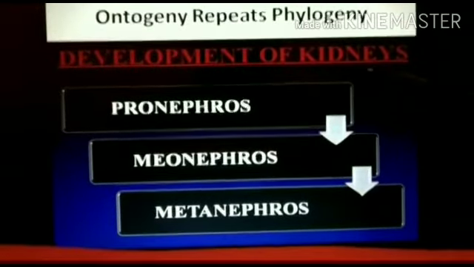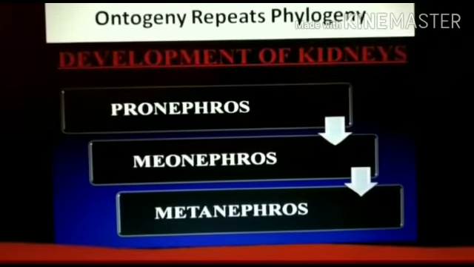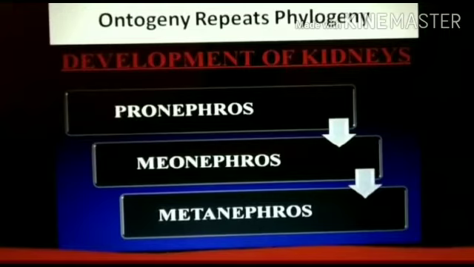Now we say in development of kidney ontogeny repeats phylogeny, means during development of kidney it repeats its evolutionary history, means initially there will be development of pronephros, then mesonephros and metanephros. Pronephros kidney is present in cyclostomes and some teleost fishes.